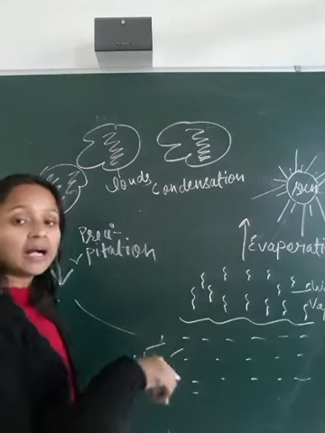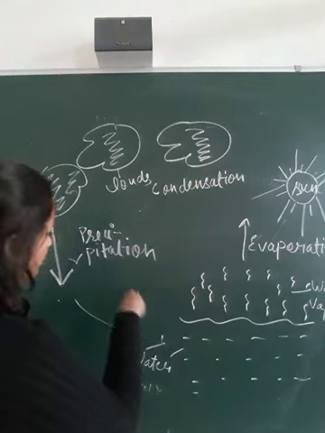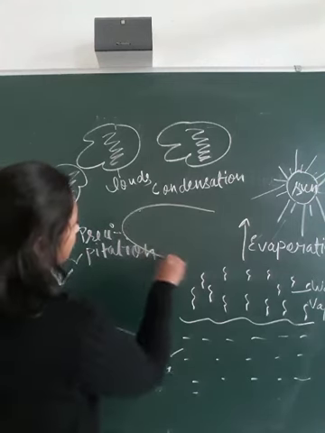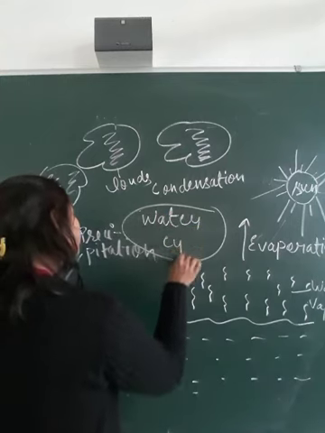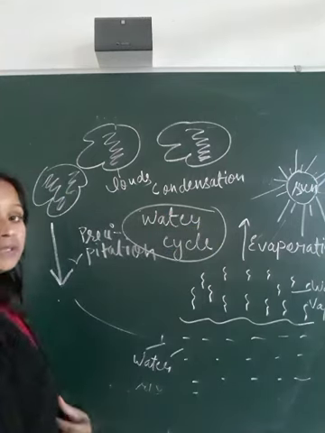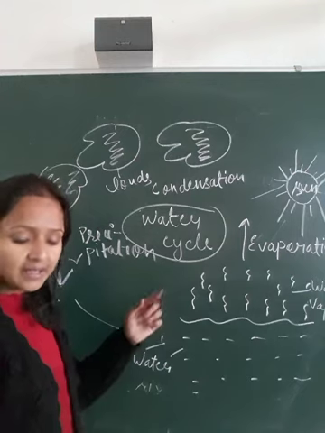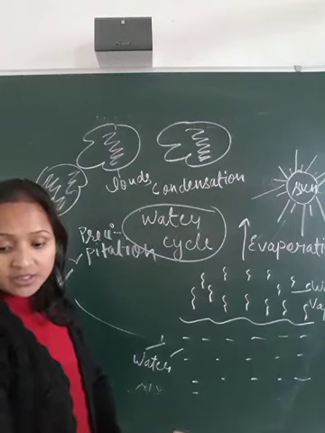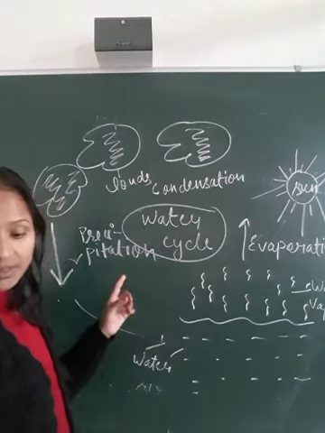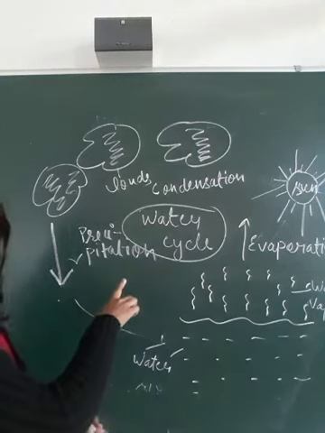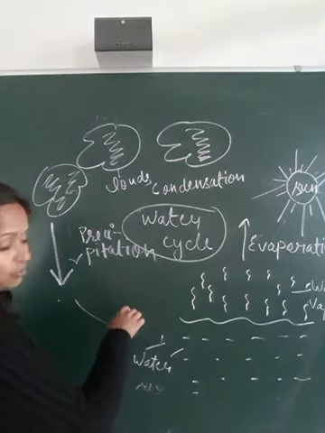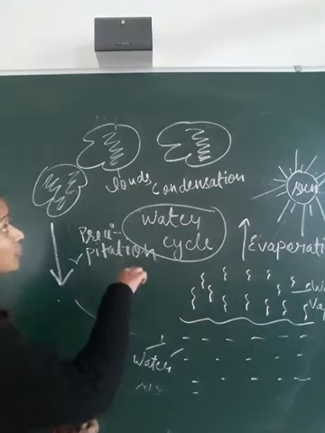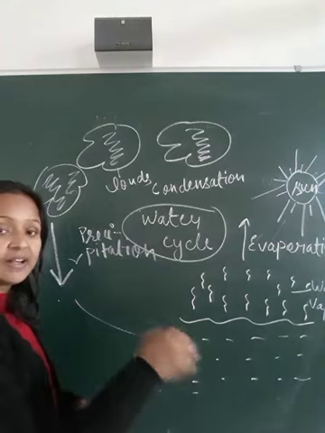This cycle is repeating again and again, and the whole process is called the water cycle. The journey of water from the water bodies goes on through water vapor into clouds and then back to the different water bodies.